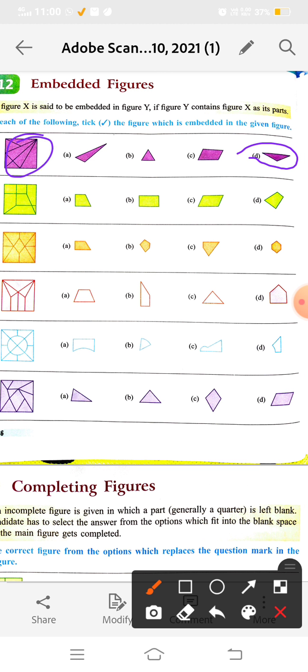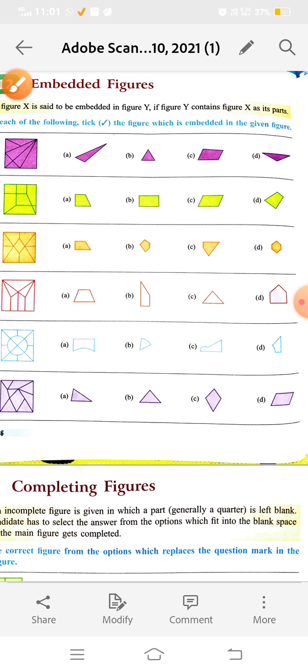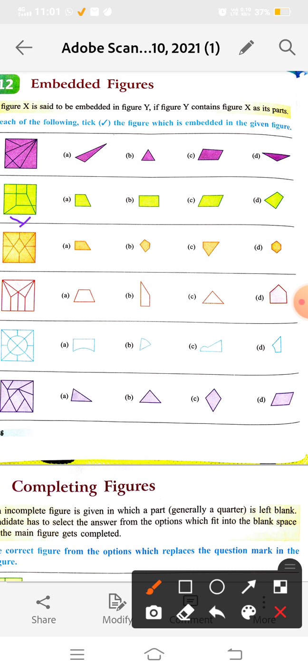Now in question number 2, we have to find out which figure is a part of figure Y. This is our Y figure and this is our X figure. These parts come in Y and these come in X. So which can be embedded in the second question, which can be fixed? See, this part is similar to this portion, I think.